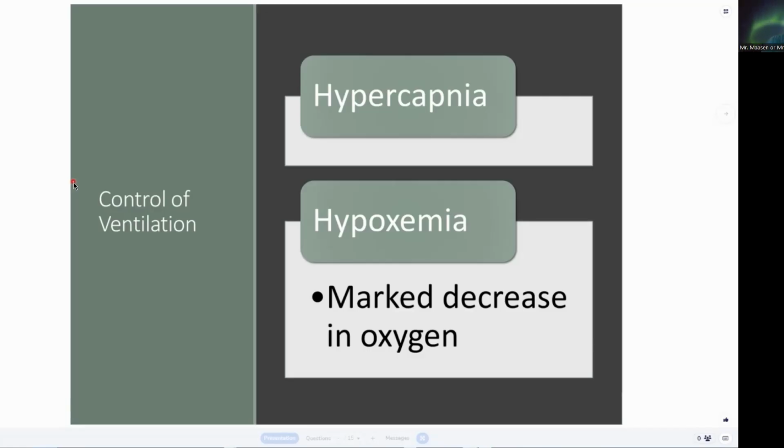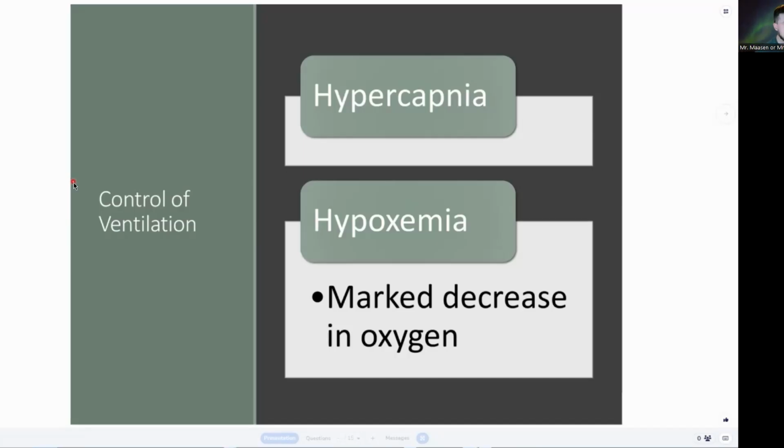So saying hypoxic would be saying someone is suffering from hypoxia. But hypoxemia is saying we have a marked low. The only way you can really say someone has hypoxemia is if you had a blood test, an ABG, that said their partial pressure of O2 was low, and then you'd say they have hypoxemia. Otherwise, you would just call them hypoxic or suffering from hypoxia if that's what their symptoms were.